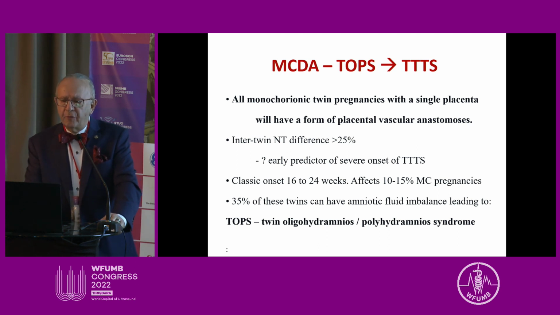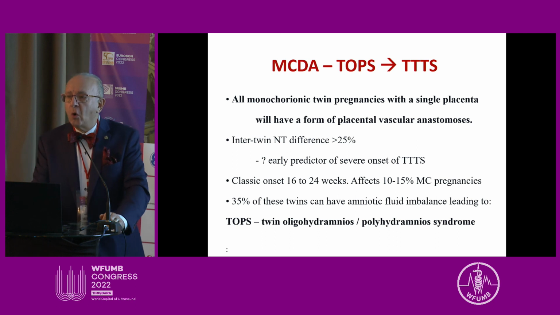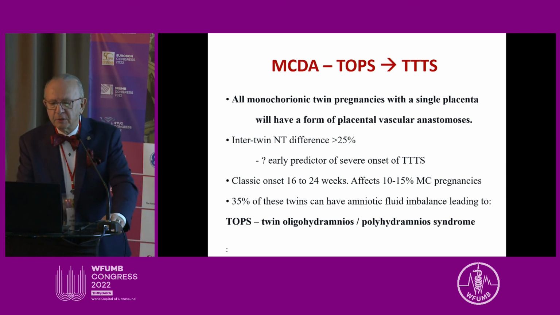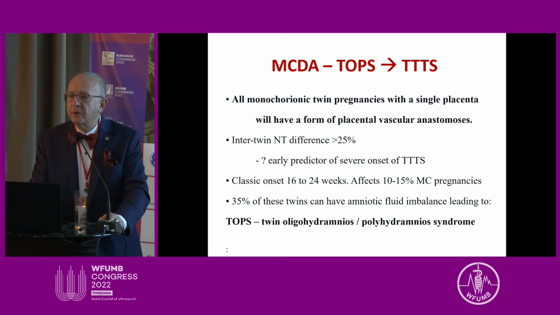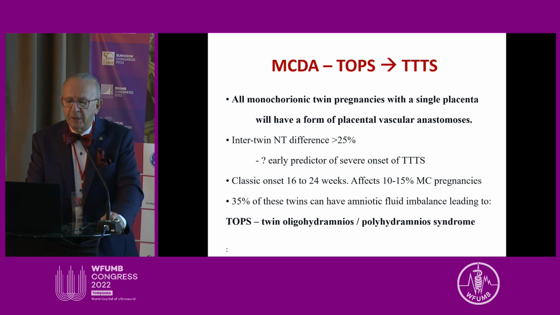The risk of TTTS or TOPS: all monochorionic twins have a single placenta. Therefore, there are always vascular anastomoses. Inter-twin difference of 25%, that difference is an early predictor. Classic onset is around 16 to 24 weeks.